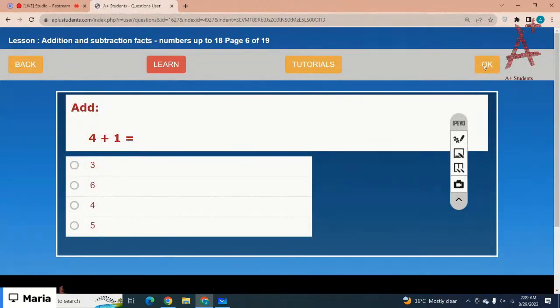The next one is 4 plus 1. So 4 plus 1 equals, you have to add. So 4 plus 1 equals, yes, it is 5.